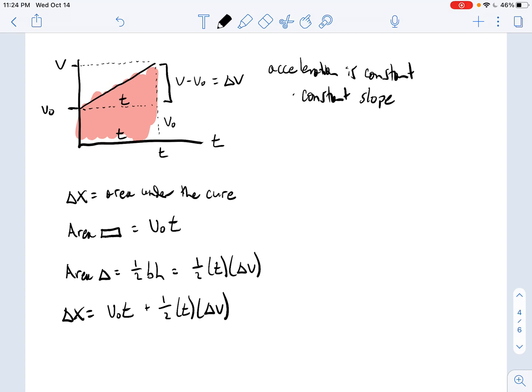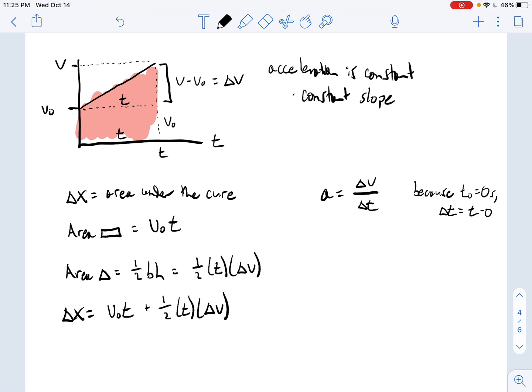So just as we've said before, we had our acceleration is equal to change in velocity over change in time. Again, because we're going to say t initial is equal to 0, what we can do is say that delta t is just going to be equal to our final t minus 0, which is going to give us just t.